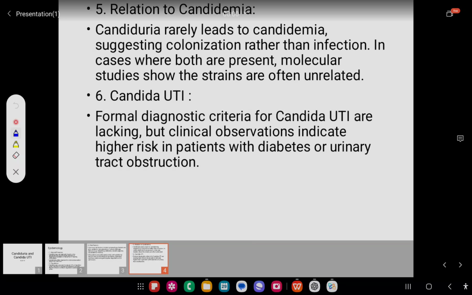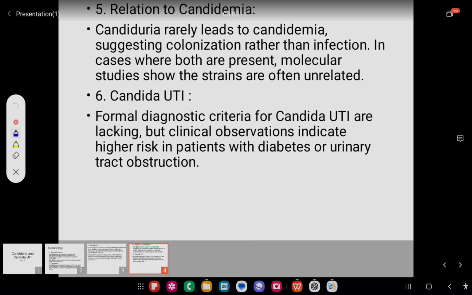It means that presence of Candida in urine is not the source of Candida in blood. In other words, the Candida that is causing blood infection is coming from any other source other than the urine.